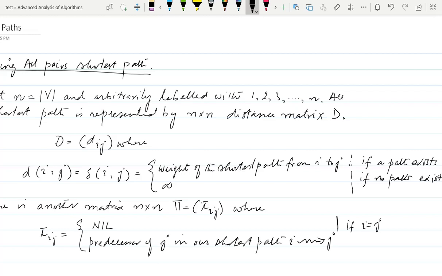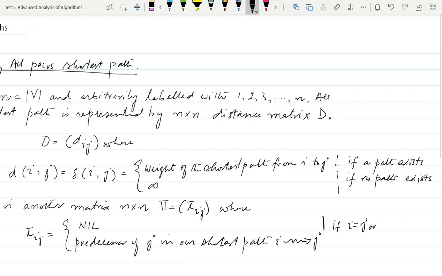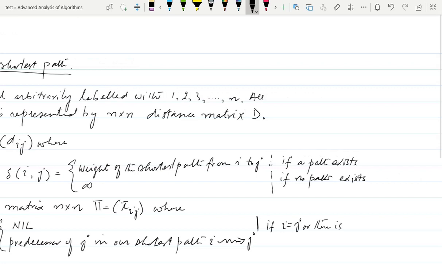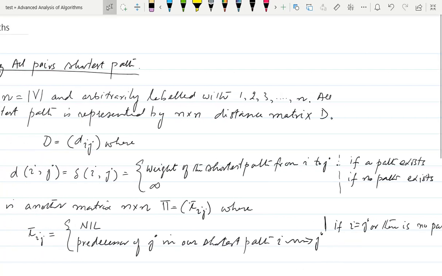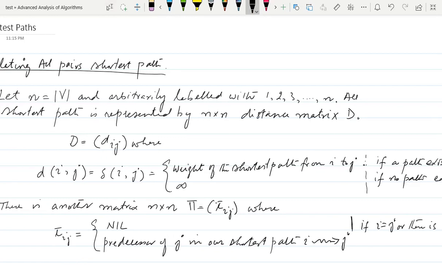Or there is another case, where there is no path from i to j. So the predecessor of j in case of i equal to j will be nil, meaning we are going back to the same vertex and there is no predecessor.